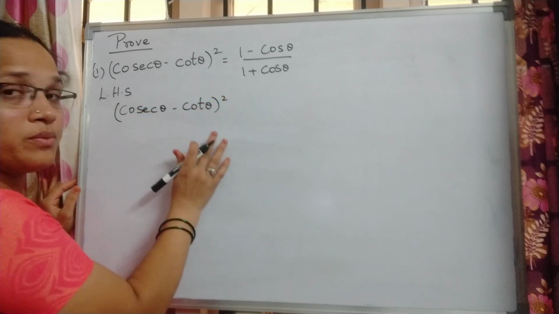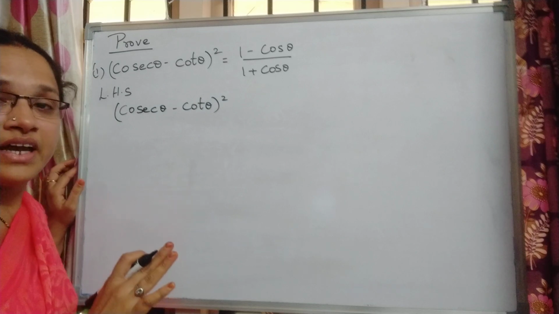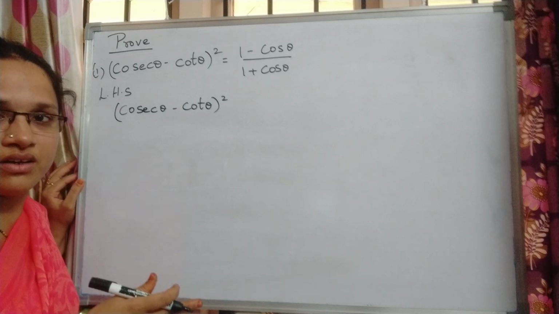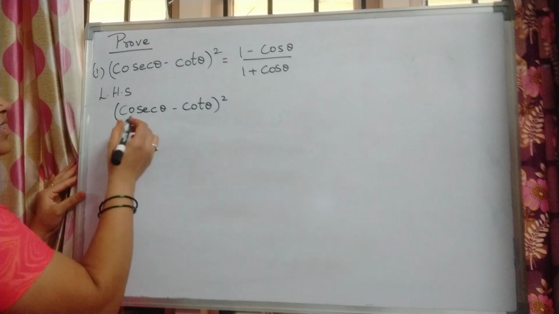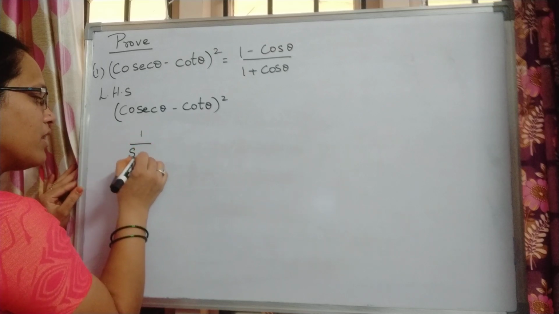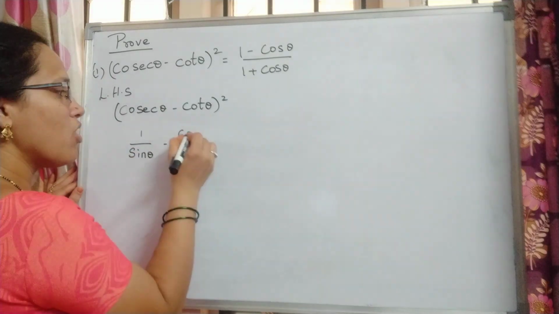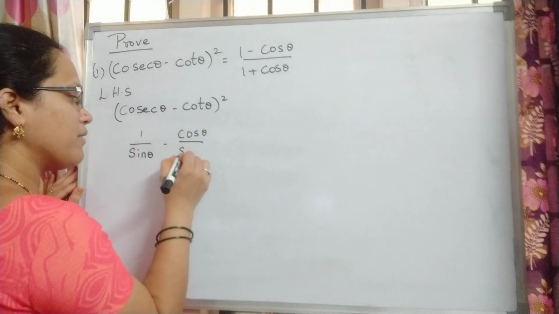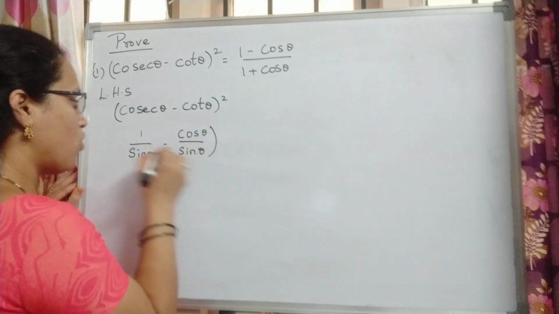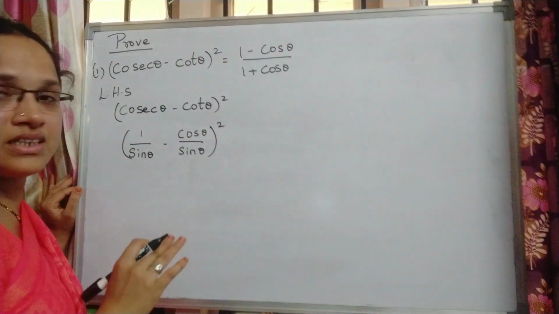Please don't forget the whole square also. Now I am writing cosec and cot in terms of sine and cos. Cosec theta means 1 by sine theta, minus cot theta means cos theta by sine theta, whole square.